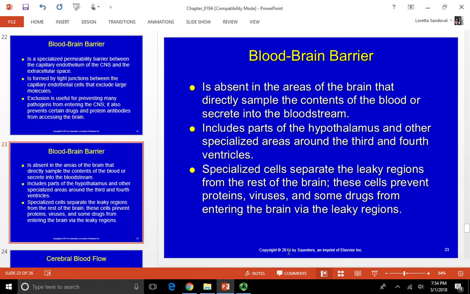So the blood-brain barrier is considered leaky in those regions. And there are specialized cells that separate the leaky regions from the rest of the brain to prevent proteins, viruses, and some drugs from entering the brain via the leaky regions. So really interesting area and really interesting protection for our brain.